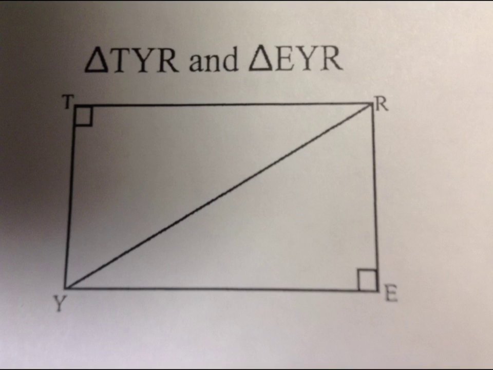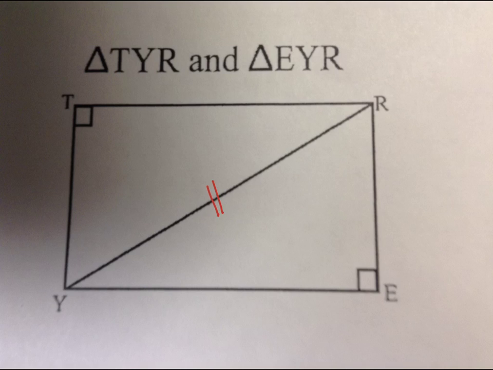All right, our last example here, we have a rectangle. I already know that RY is congruent to RY using the reflexive property of congruence. So I just need to know that one of the legs is congruent to the other.